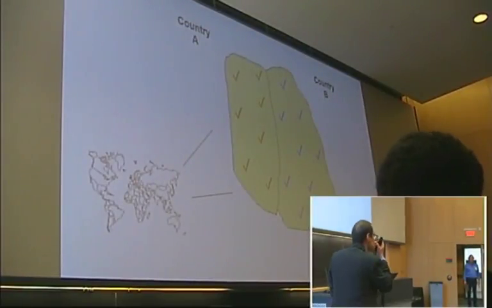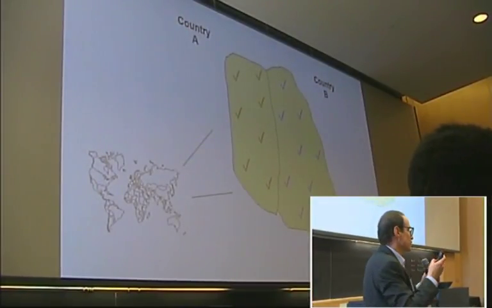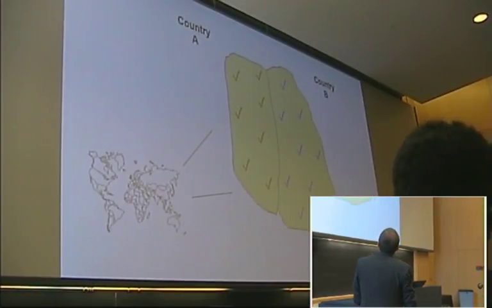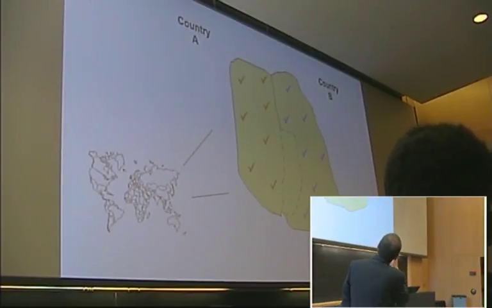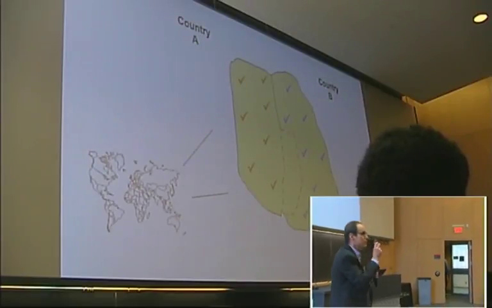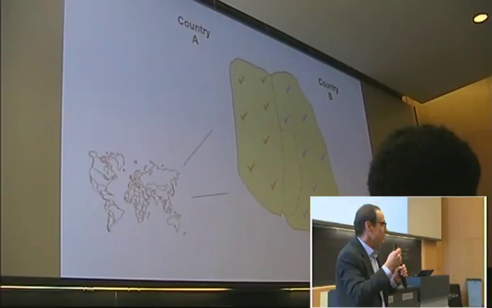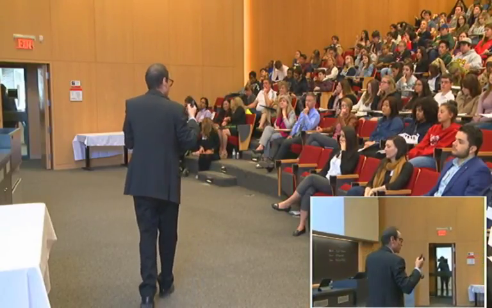So let's take the scenario. This is a classic military or armed conflict scenario where you have two countries, A and B. Now, A wants to invade B and take that portion of country B because historically they felt that they had a claim. They may have occupied that territory, but they have a historic claim.